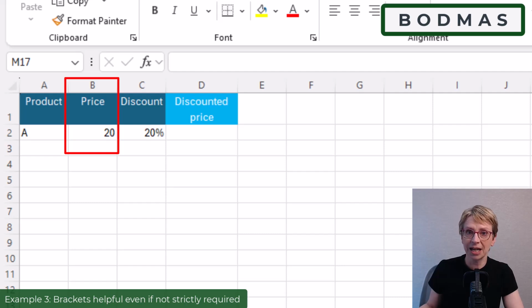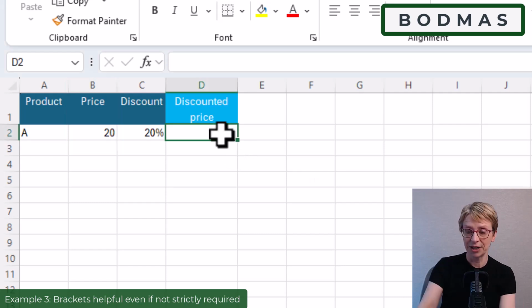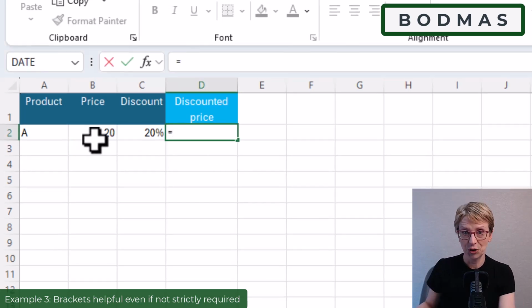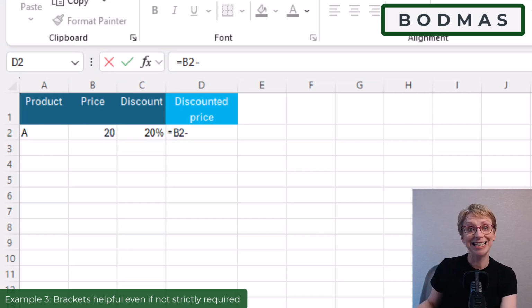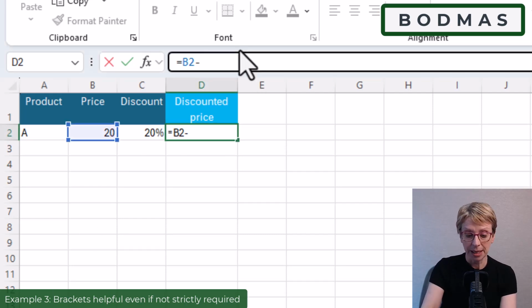To get the discounted price, I write equals B2, the price, minus, then I need to calculate the discount, which is the price in B2 multiplied by the discount in C2.